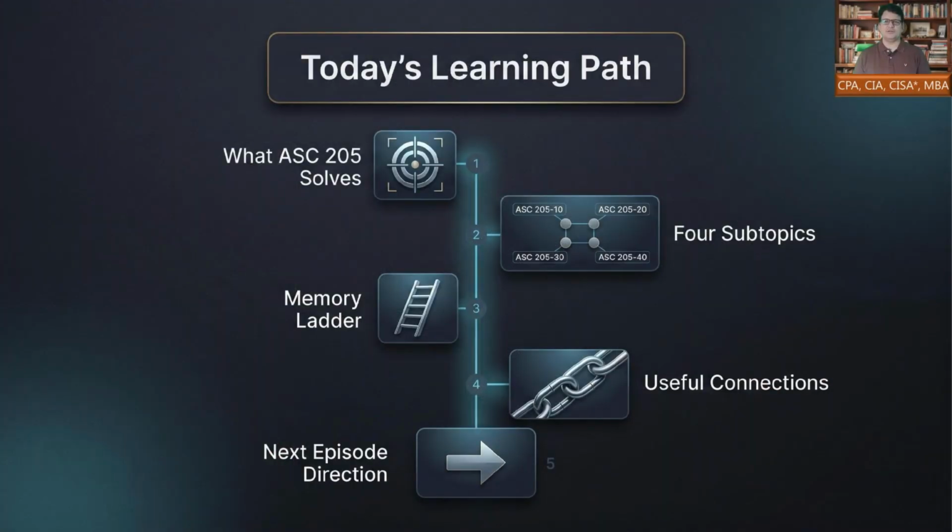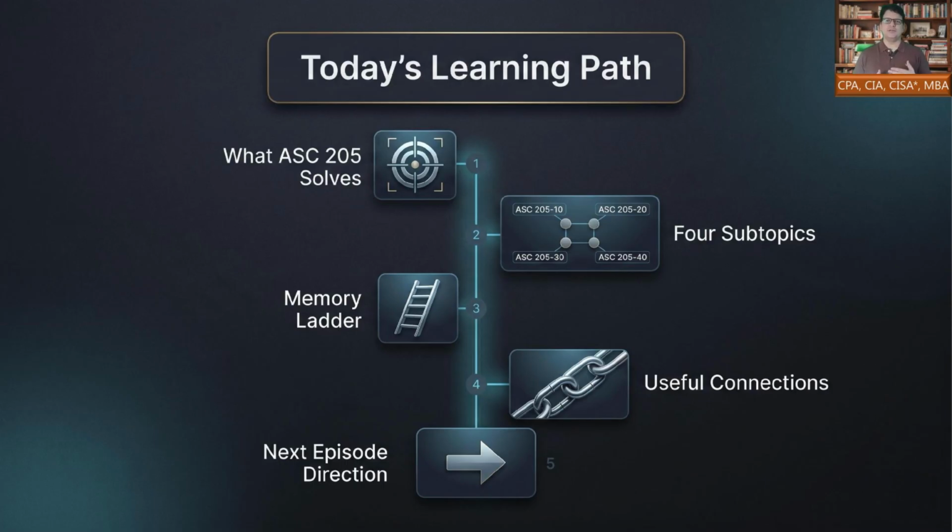Let us keep today's learning path clean and light. This is a map video, not a heavy rule lecture. First, we will see what ASC 205 solves. Then we will map the four subtopics ASC 205-10, ASC 205-20, ASC 205-30, and ASC 205-40.